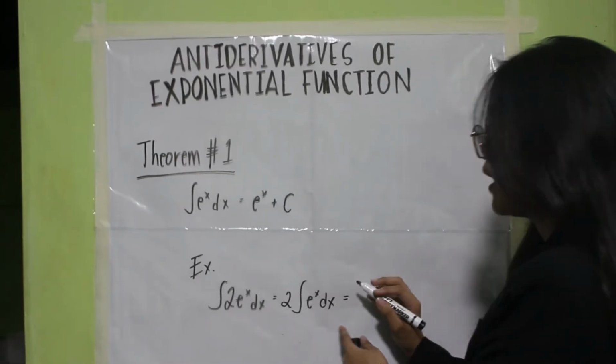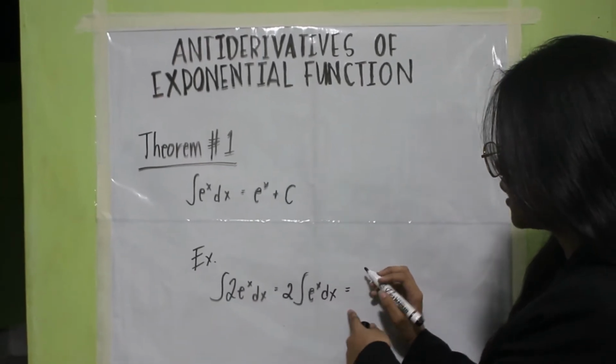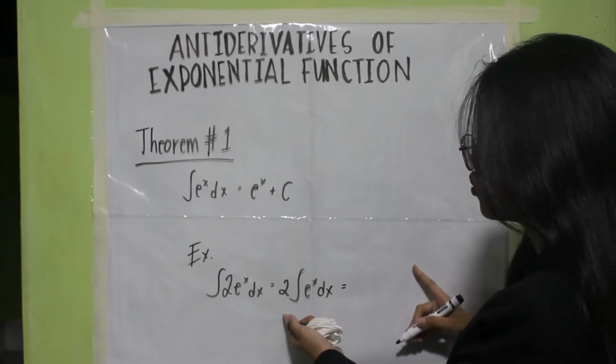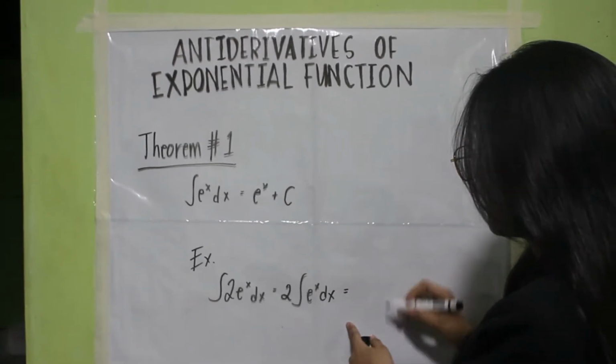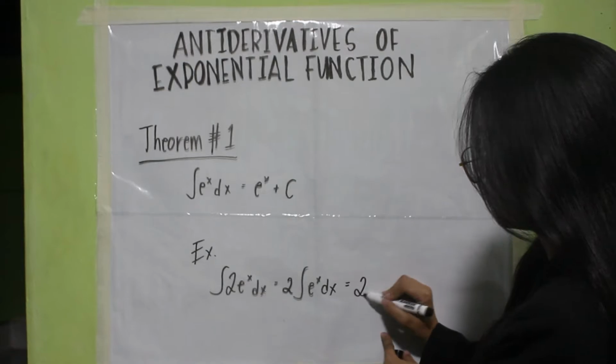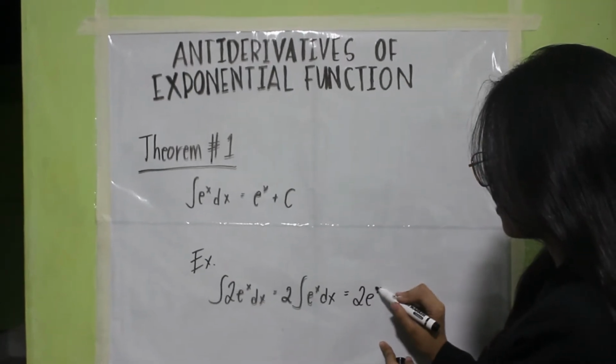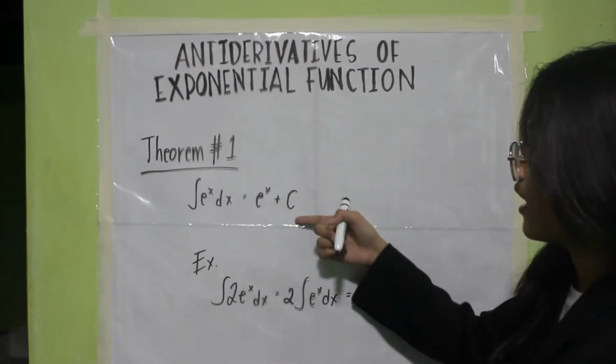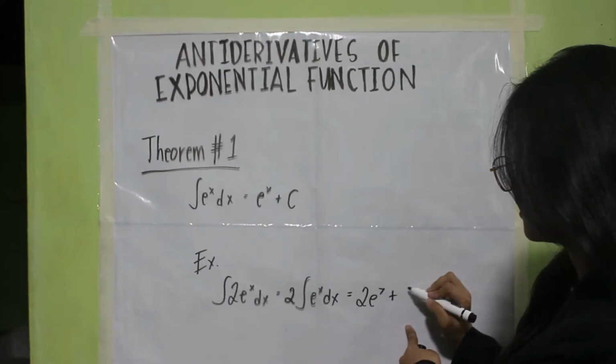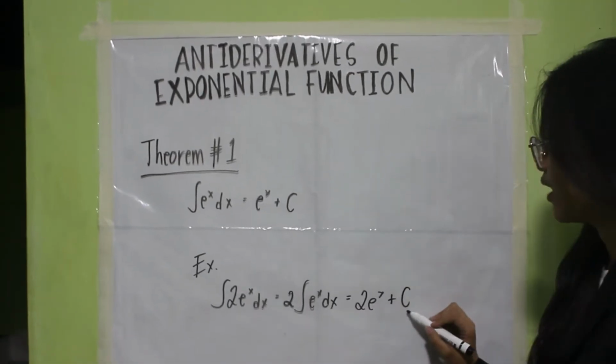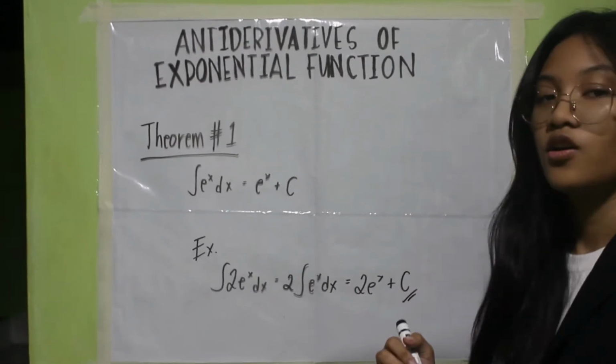And applying our theorem, we multiply the 2 by e raised to x. So we get 2e raised to x, adding the arbitrary constant, plus c. So simple, our first theorem.